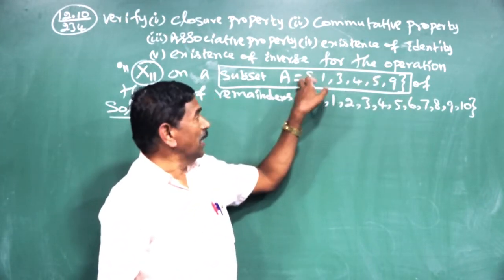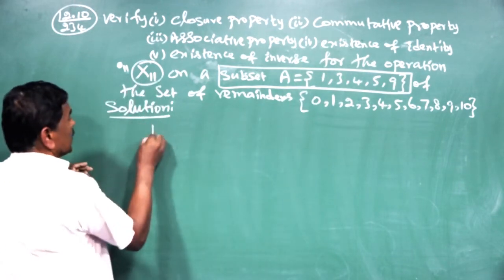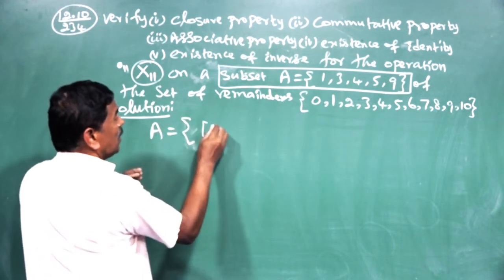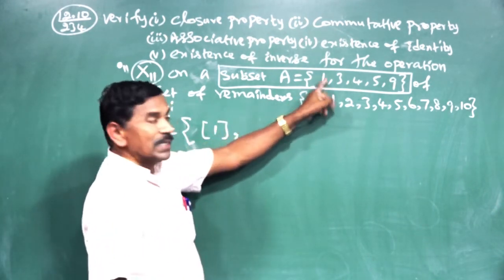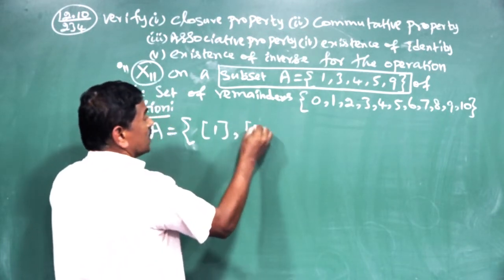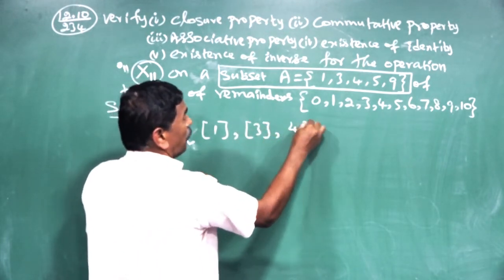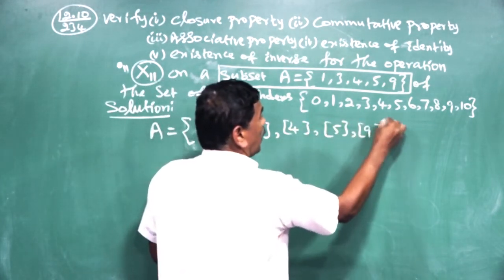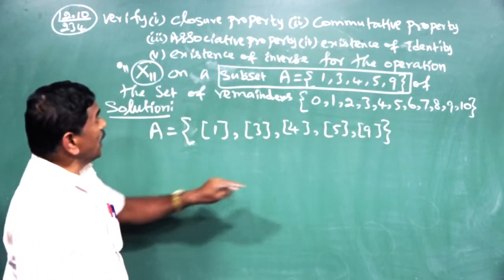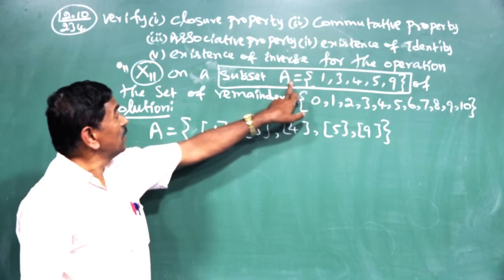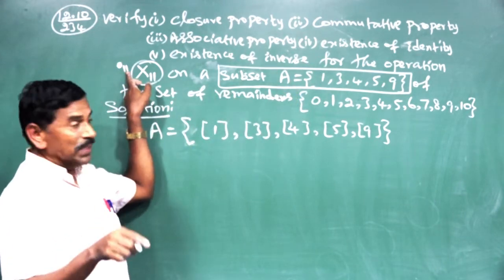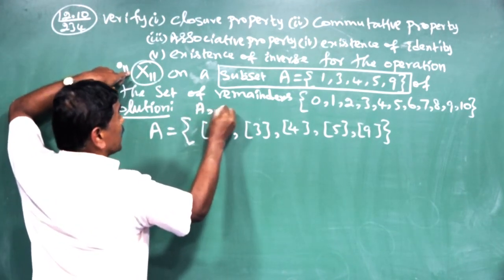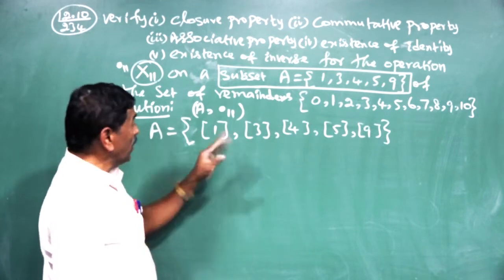We want to take the given set A. They left out the bracket, so we write it ourselves: the set A is equal to {1, 3, 4, 5, 9}. Remember, here A is a set and multiplication modulo 11 is the operation. That is very important. Which is a finite set?